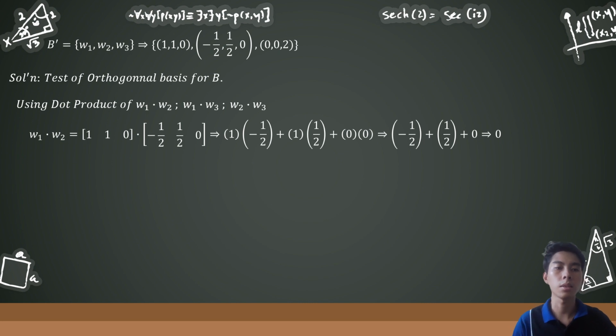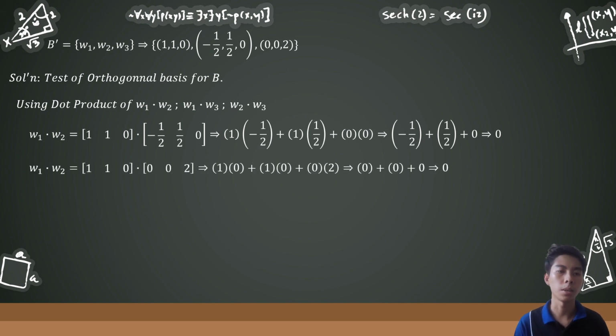Next, we need to solve for the dot product of w sub 1 and w sub 3. So we have the dot product of vector (1, 1, 0) and (0, 0, 2), which is equal to 1 times 0 plus 1 times 0 plus 0 times 2, which is 0 plus 0 plus 0, which is equal to 0.